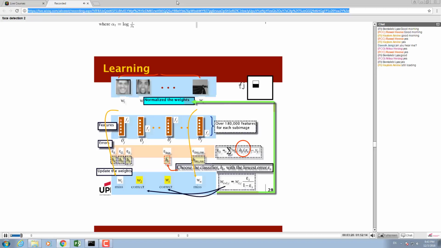Okay, so we repeat this process many times, like 2000, a large predefined number of iterations T. So finally, out of 180,000 available features, we select just 2,000 good features from this process. It can be 1,000, 2,000, it depends on your choice. But using the 2,000, for example, we can construct a strong classifier.